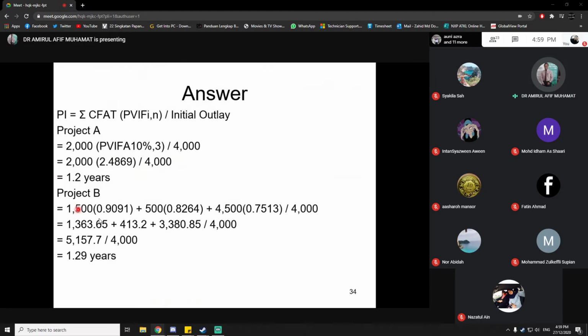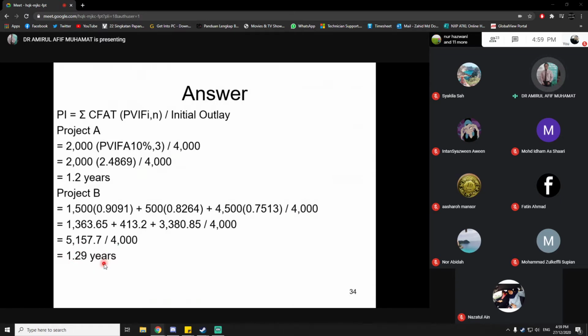For project B, similar. You times income with the factor, and then total, then you divide by the 4,000 initial outlay. So you get 1.29.